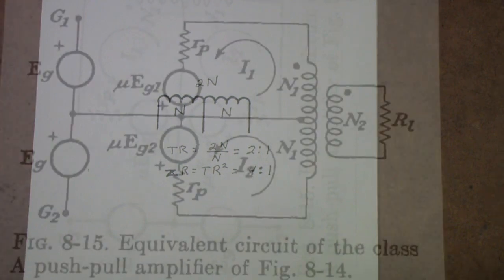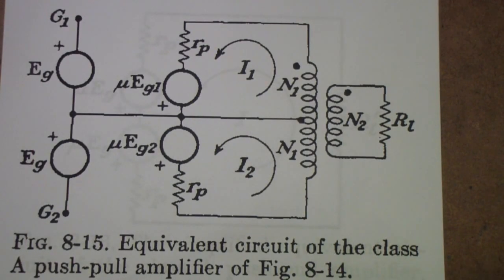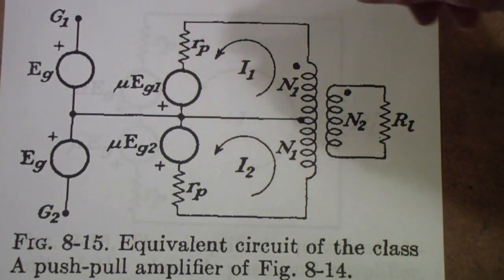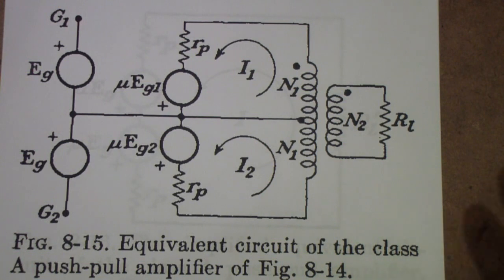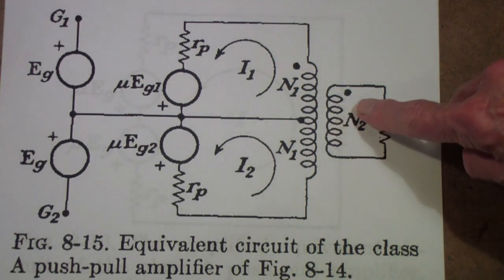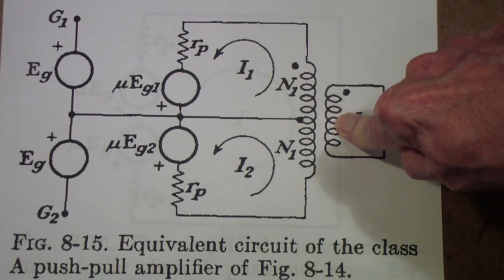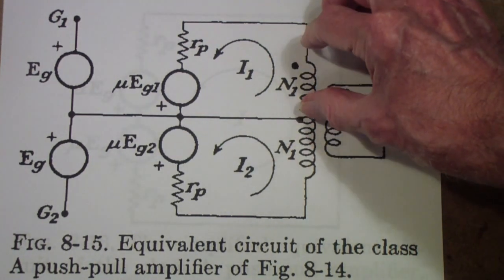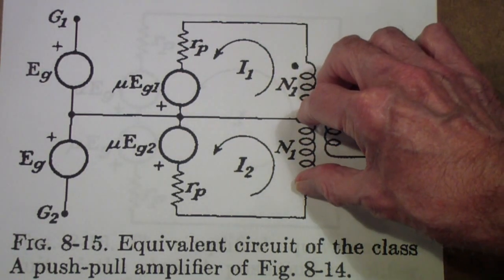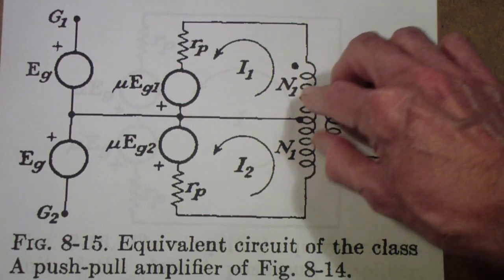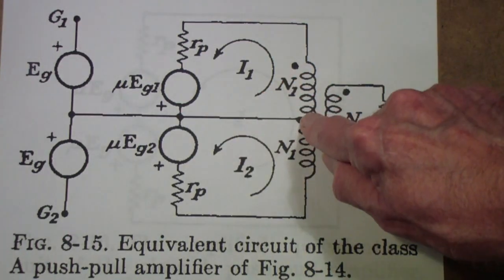not single-ended. So here is an equivalent circuit of a Class A push-pull amplifier. Once again, on this side is the load, the speaker, the secondary of the output transformer, and the individual windings of the primary, which are tied together in the center.